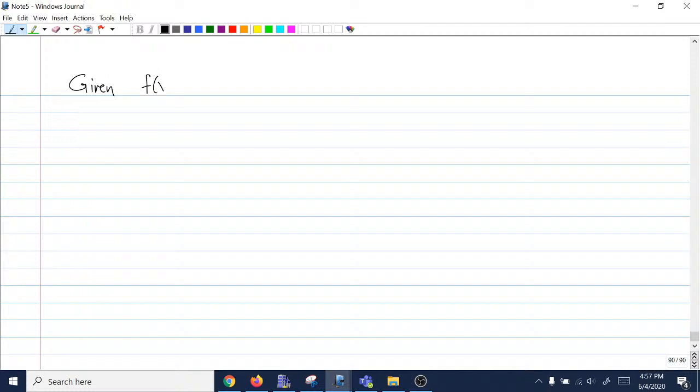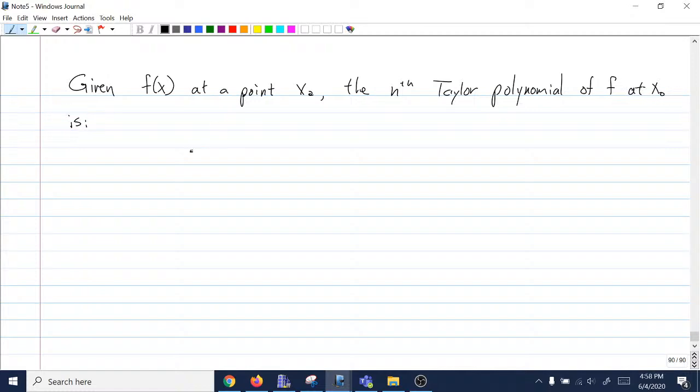Given a function f of x at a point, I'm going to call it x naught, the nth Taylor polynomial of f at x naught is, the idea is that it's a pretty good approximation of f of x.